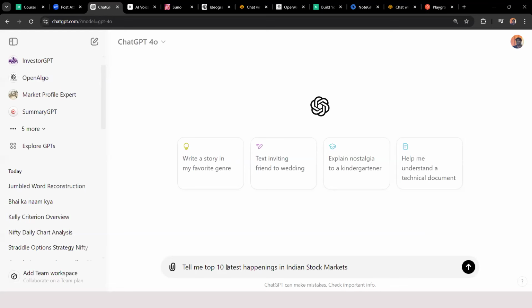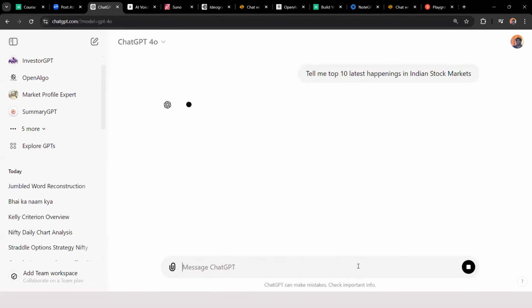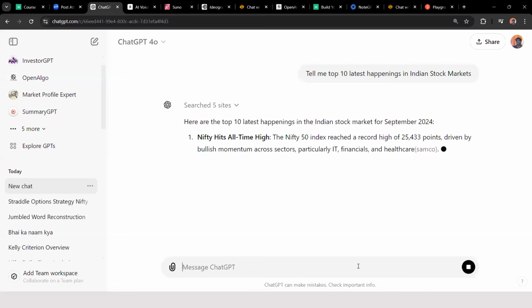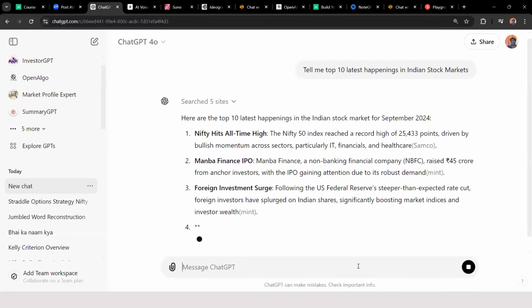Now, when I say the keyword latest happenings, it understands that these models are mostly fine-tuned only on past data. It doesn't know the future data. The moment I say latest happenings in ChatGPT, it will start browsing the internet. So most likely it will be searching for popular platforms like Money Control, Mint.com, or some business websites. And then it comes up with the recent information.